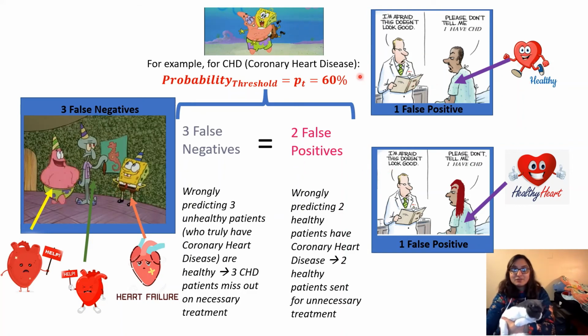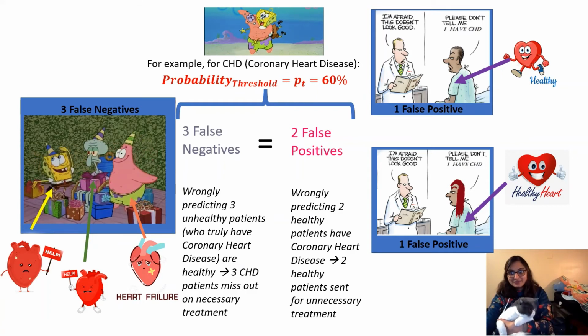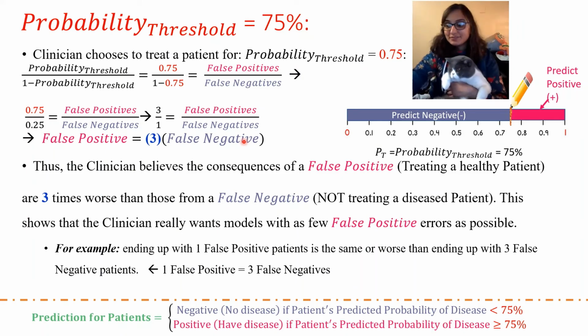And this is because our probability threshold is greater than 50%. Now, if we have a probability threshold of 75%, we're making it even harder to predict positive. We're making it even harder for us to predict that a patient has the disease given the predicted probability. So again, we have a predicted probability from our machine learning model based on clinical features here. And our goal here then is to classify patients as having the disease, as being positive, or not having the disease, being negative.